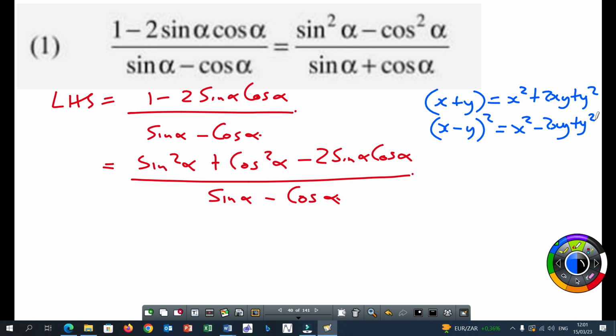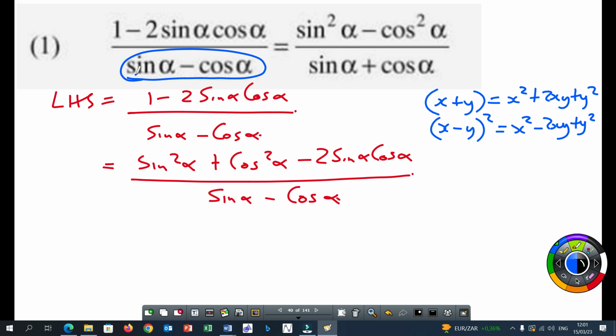Now, if we compare that and the question that we have here, this denominator is like the x minus y. Right? Then the numerator now, I need to create a trinomial such that this sine alpha minus cos alpha can be cancelled out. Are you following that?